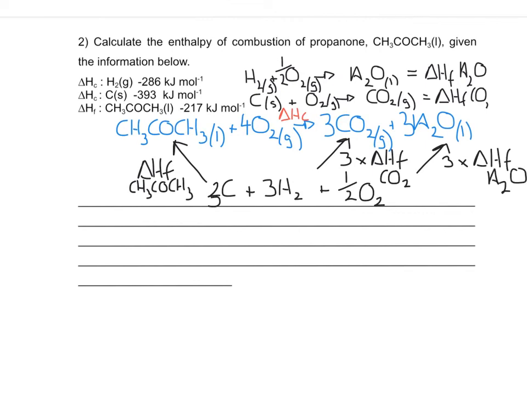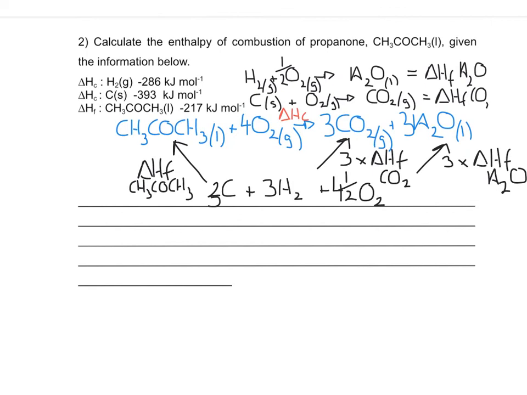And just to keep everything strictly speaking correct, we will actually have 9 atoms of oxygen, sorry. We will have a total of 4.5 molecules, so that we have enough oxygen to make propanone, and we have enough oxygen then to make the carbon dioxides and the hydrogens.